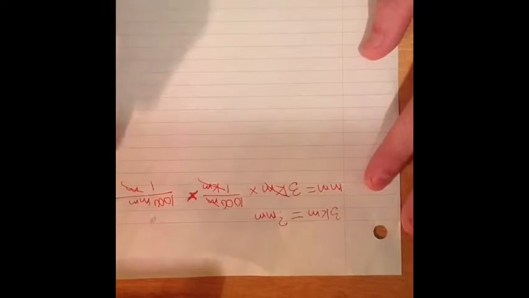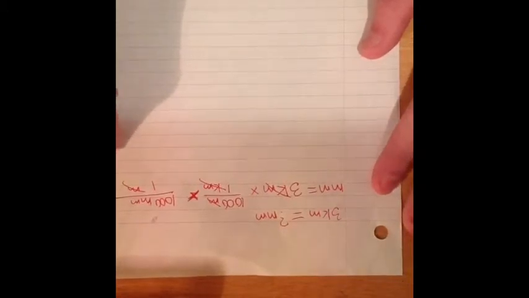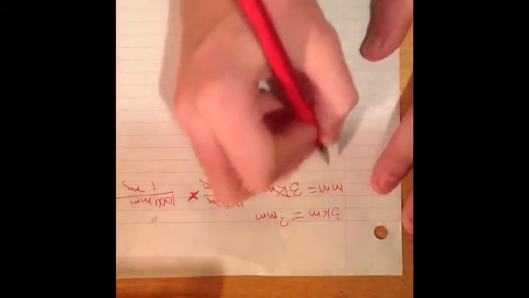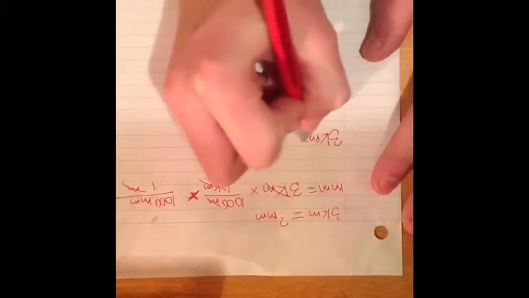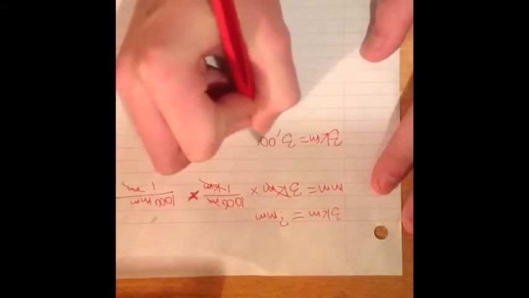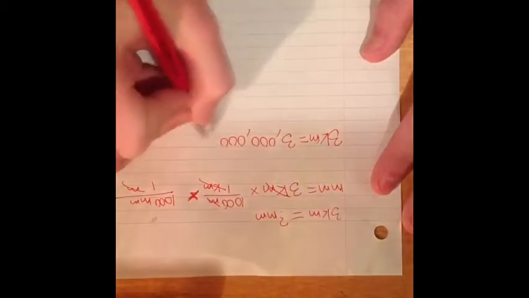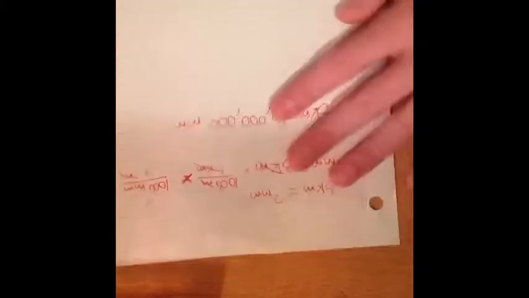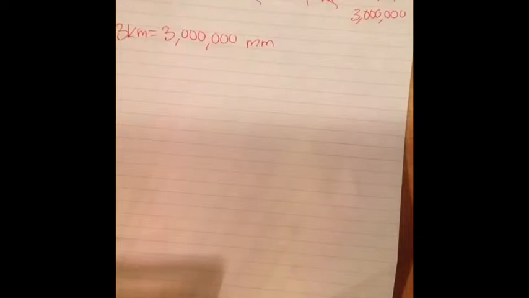Those cancel, and then you're left with 3 times 1,000 times 1,000. So basically 3 times a million, which is 3 million. So in that case, 3 kilometers equals 3 million millimeters. Just like that.